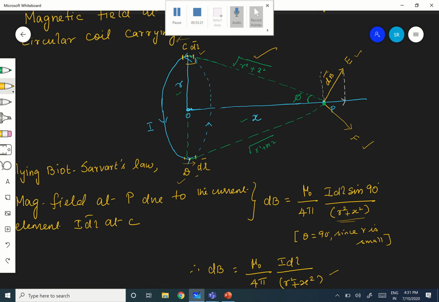Let me write dB here. So this is dB. And this is dB dash. Hope you are following. Whatever big diagram I draw now, finally this is coming like this. Resolve into perpendicular components, one in this direction and one in this direction.